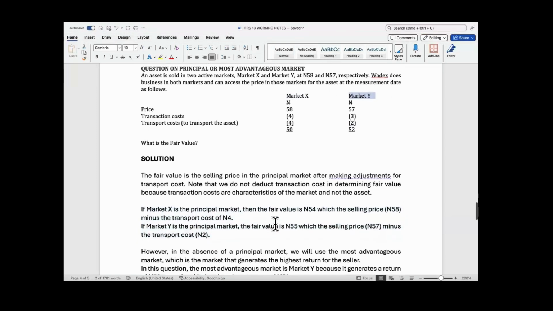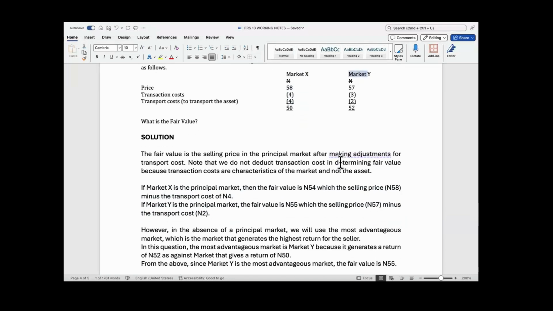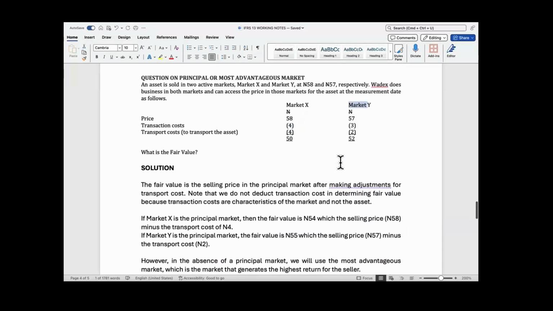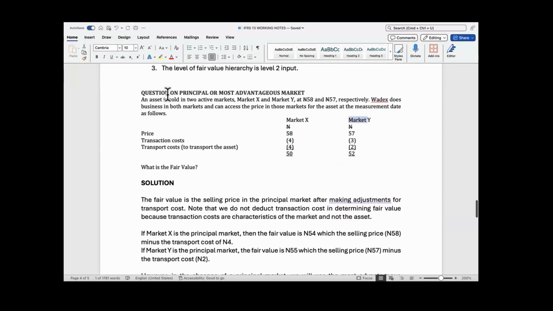So that's why I'm saying if X is the principal market, then the fair value is 54, which is selling price minus transport cost. If Y is the principal market, like that. And now I didn't stop there. I said, however, let's assume we don't have principal markets, that we have many markets. Like in this question, this guy does not have a principal market because he operates in more than one market.